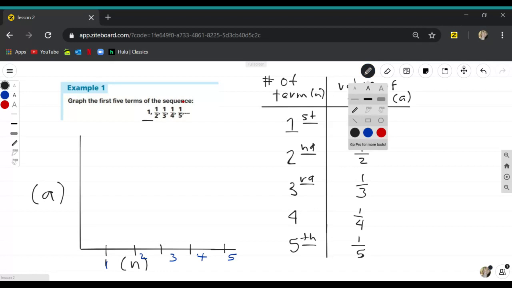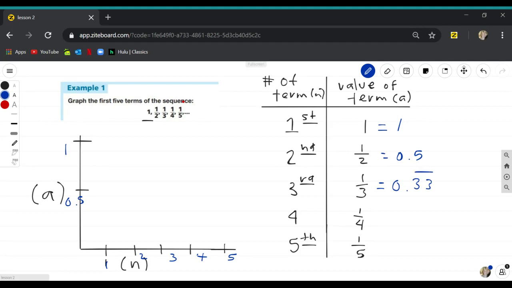Now on the vertical axis, this is going to be 0.5 and then 1, right? So this is 1. This is 0.5. This is 0.33. I'm just converting these fractions into decimals so it'd be easier to graph.